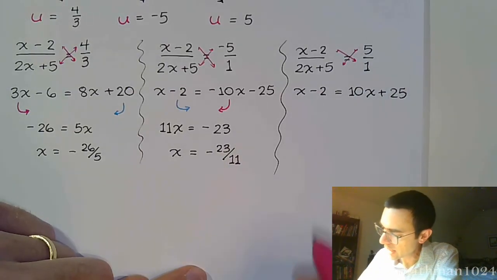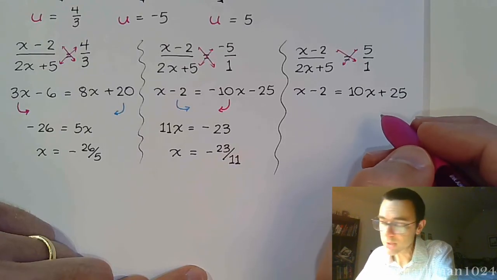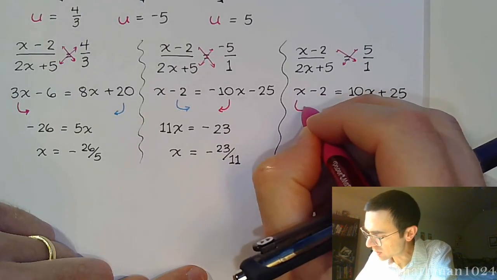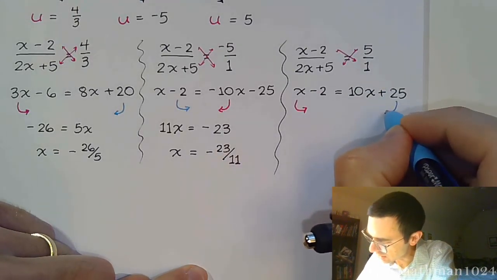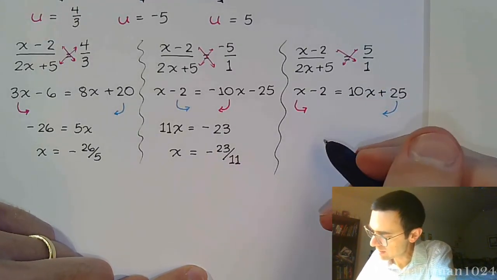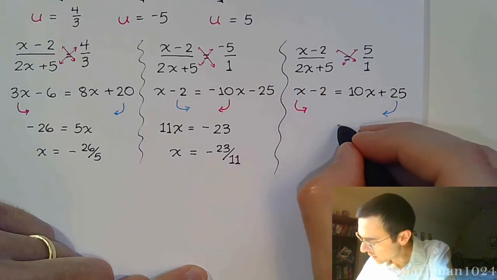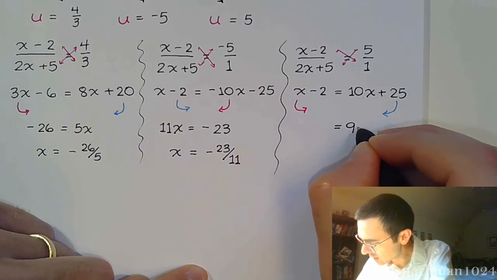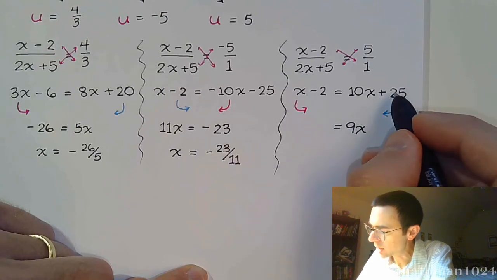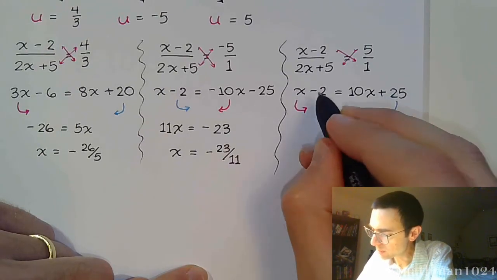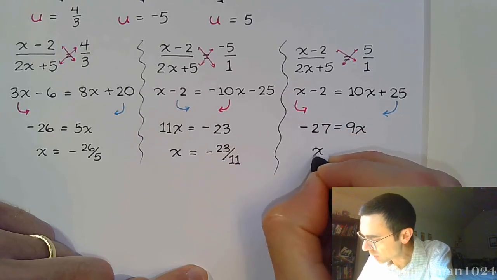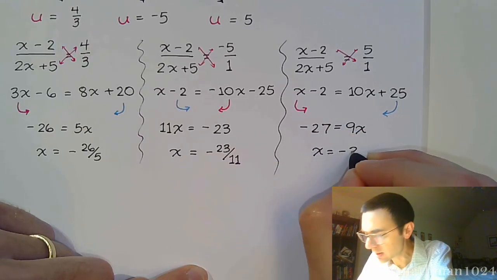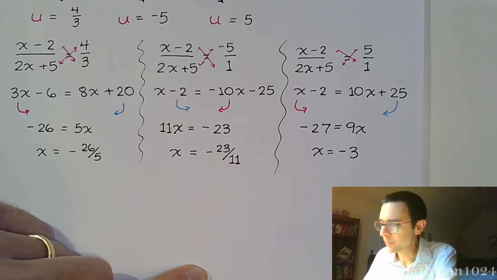In this problem, I want to maintain a positive coefficient for x. I'm going to move the x's to the right, which means the constant goes to the left. All right, so x goes to the right. That gives me a positive 9x. Moving the constant by subtracting 25 on both sides gives me negative 27. Divide both sides by 9, and we get negative 3.